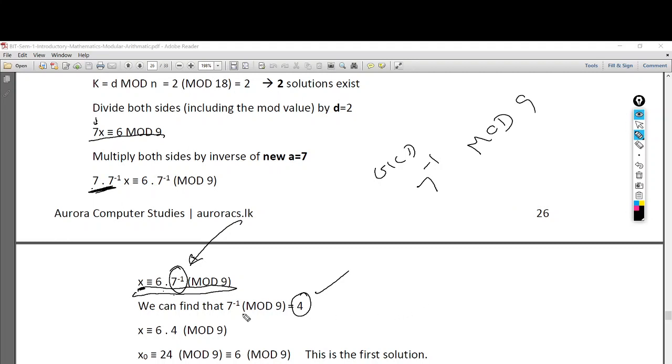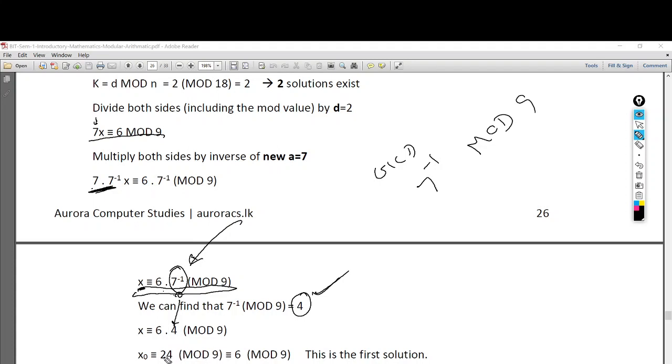So you can write x is congruent to 6 times 7 inverse, which is 4, that you have to find using any approach. 6 times 4 in mod 9. 6 times 4 is 24, and we know that 24 is bigger than 9.